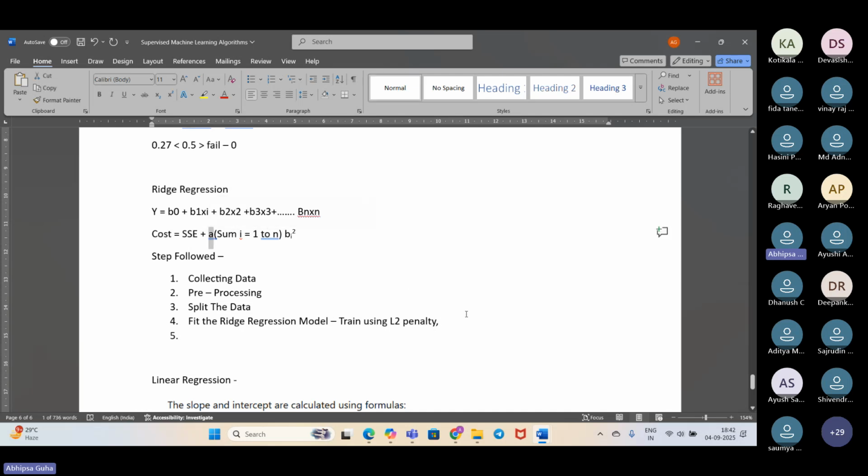This is a hyperparameter that we are actually choosing. So A is not a normal A, that is this A in the formula, this A value is a hyperparameter that we are considering.